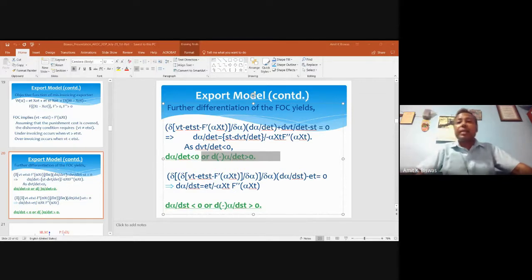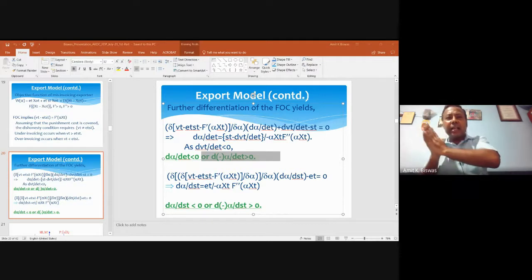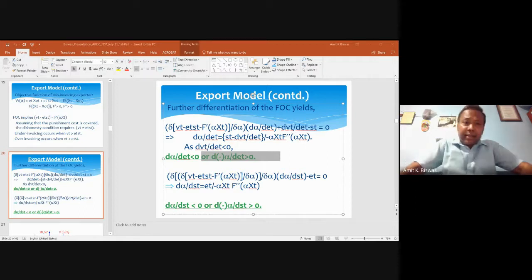Now it is 77 minus 75. So her incentive to underreport and sell the foreign currency in the black market falls. As her incentive of selling unreported dollars in the black market falls, why should she underreport?